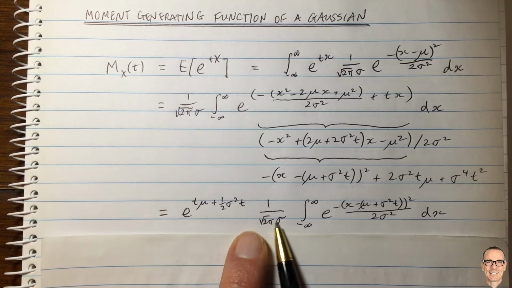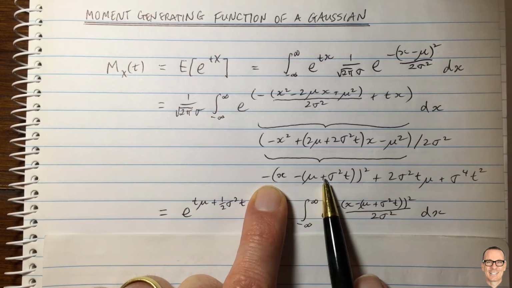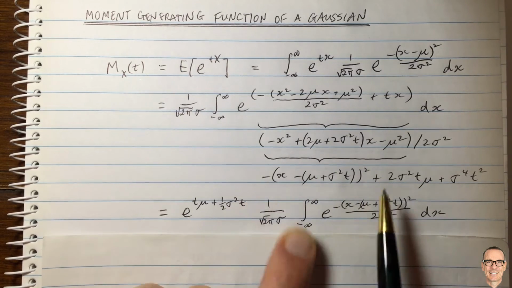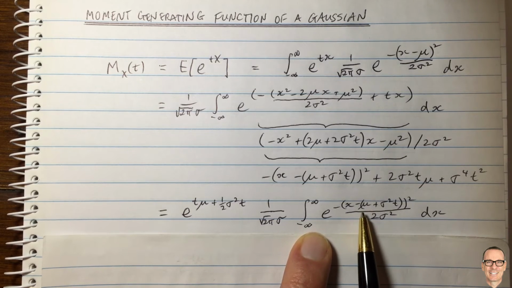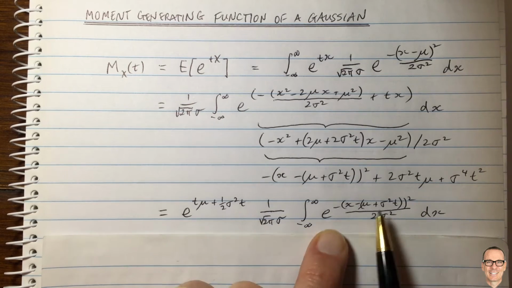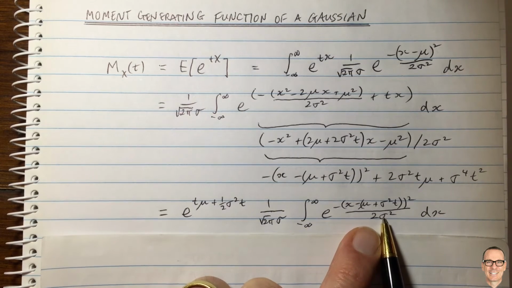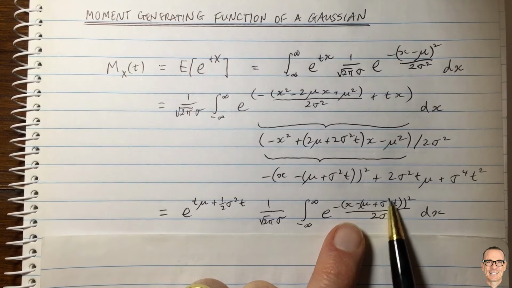Now we're left with an integral with this term where there's the x minus something squared. How do you evaluate this integral? Well, we can observe directly this integral is in exactly the form of a Gaussian. It's a Gaussian with a variance of sigma squared and a mean in this case of mu plus sigma squared t.